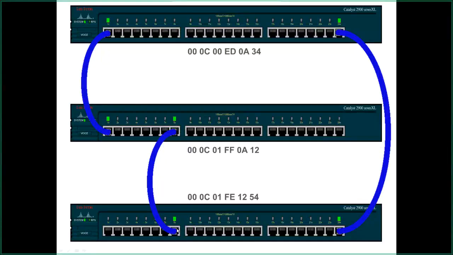So what is the cost of the PDU as it arrives here? Well, the sender ID is 00OC01, so the first half is the same. They're the same vendor. Congratulations. FF against FE. What's the lowest cost? FE.